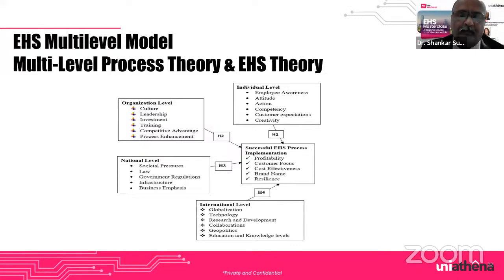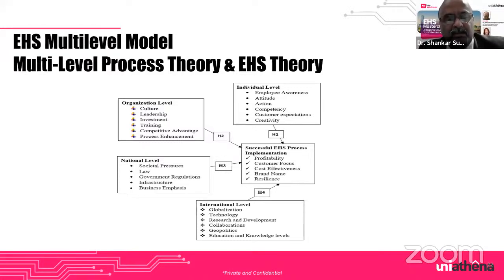If you put all this in the right perspective, we call it a model. So if I'm looking at the EHS multi-level model, it shows that EHS can be successful if you look at the center point, successful EHS process implementation. It is possible if individuals adhere to it, and at the organization level we have adherence.